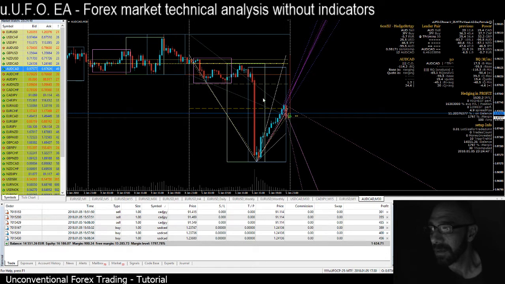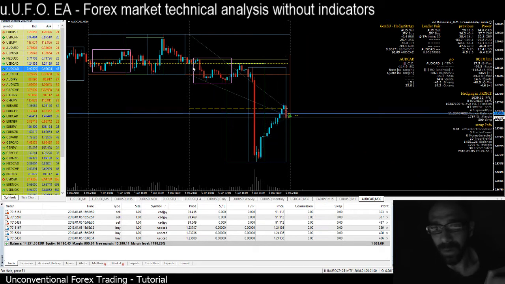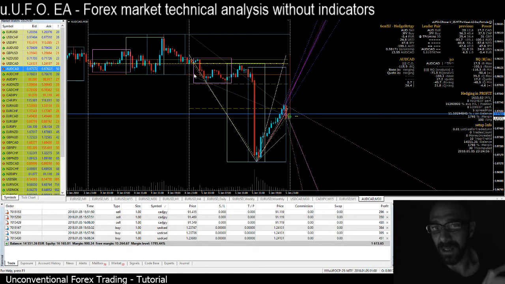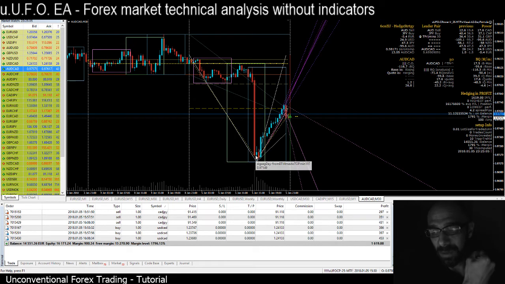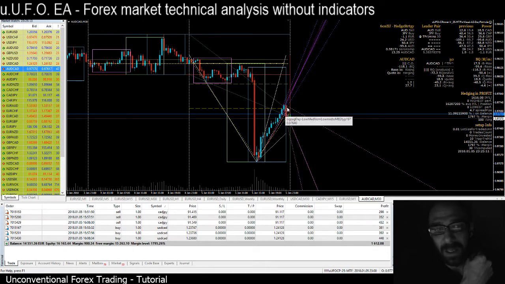Okay, around these lines are not precise lines like every line we do. They represent an area of price action. Okay, but take a look how the Aussie CAD, Aussie was strong from the day before, went very fast up until this point, and once it reached this point, there was a kind of stop.